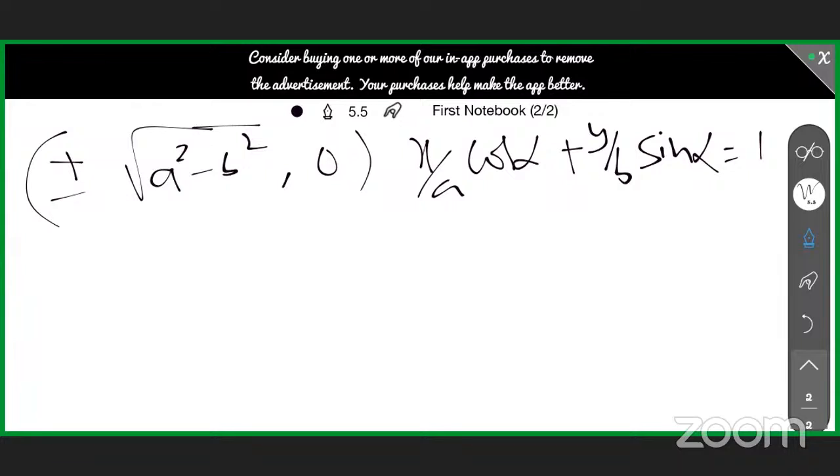I should divide both sides by what? Nobody is answering the question. What should we do?